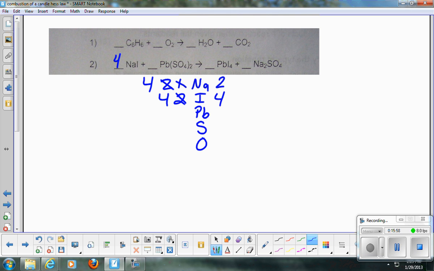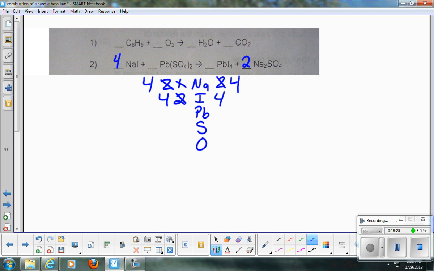Over here on my sodiums, I'm going to put 2 in the front. Now my sodiums are fixed. Are they okay? How'd you get that four? I put a 2 in front, and that 2 times 2 is 4, because I had 4 over here and had to rebalance it. So should you start with the biggest number then, just so that it's easier? Not necessarily. It won't necessarily be easier.